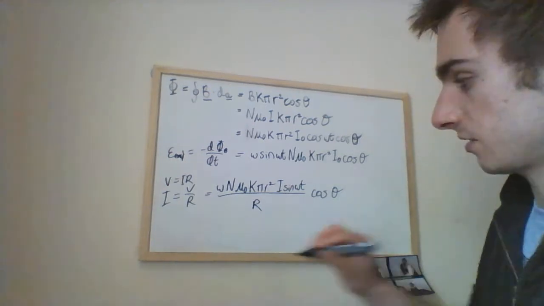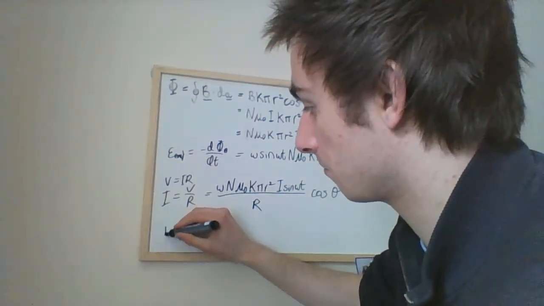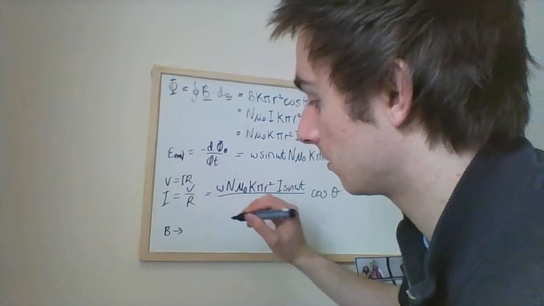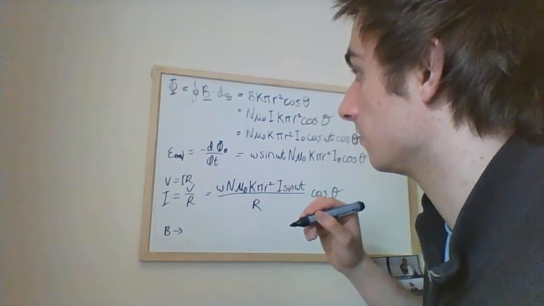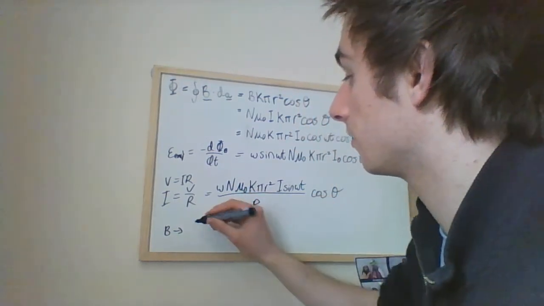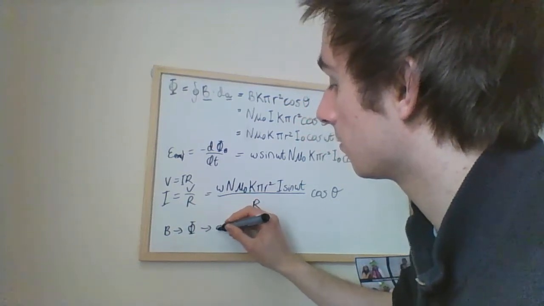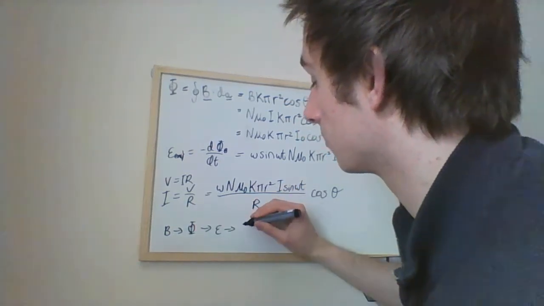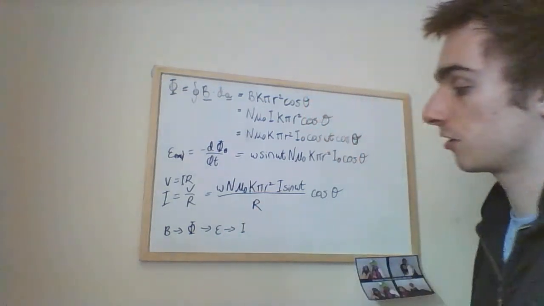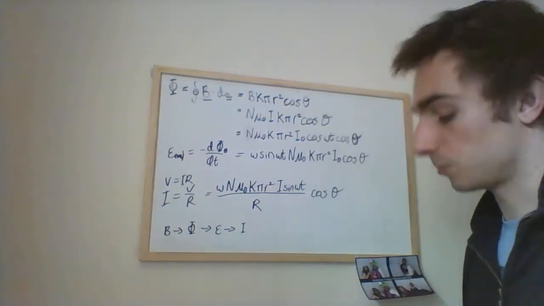Our steps last time were to find the B field, so that then we could find an expression for flux, then EMF, and then current. So we'll do the same thing again.